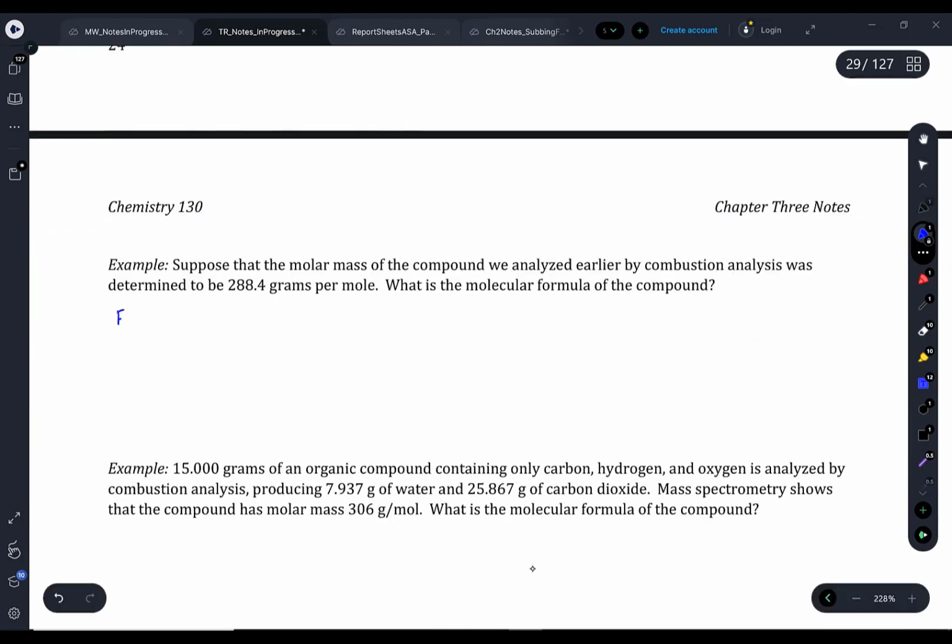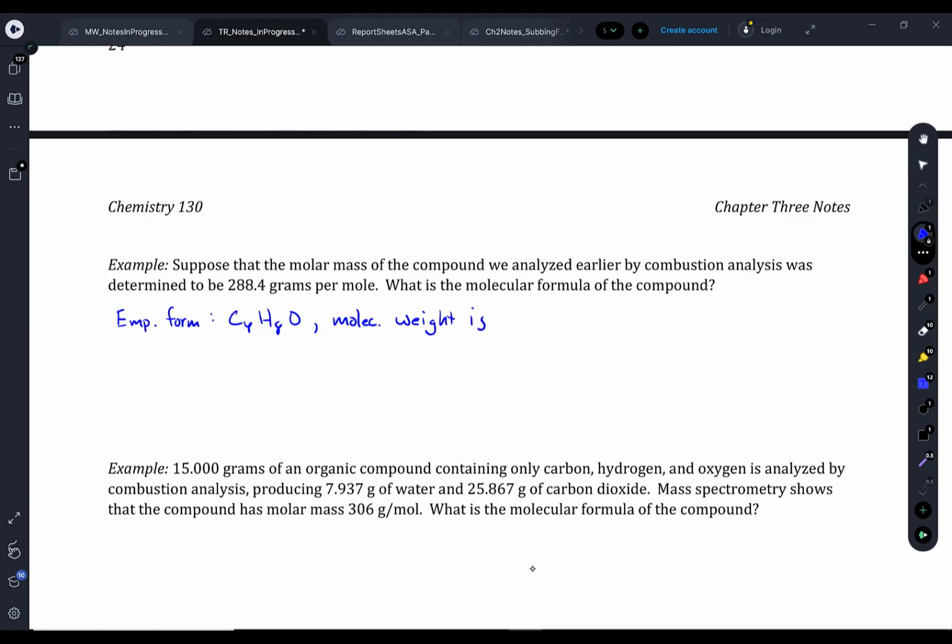So the empirical formula is C4H8O, and this has molar mass, or molecular weight, four times carbon, so 4 times 12.01 plus 8 times hydrogen, 1.008, plus 16 for oxygen, gives you 72.10.